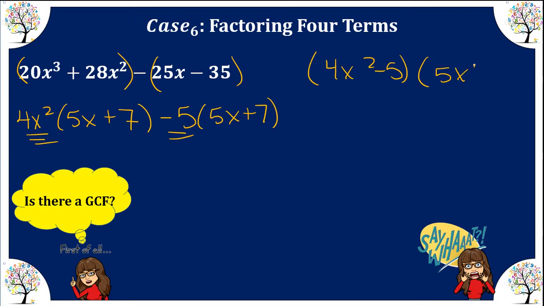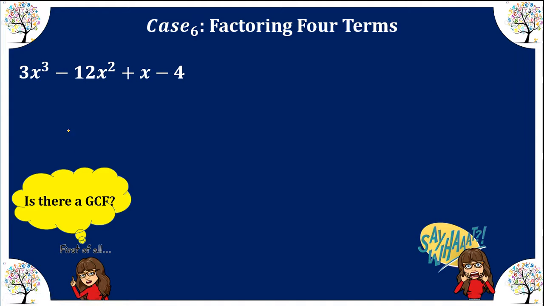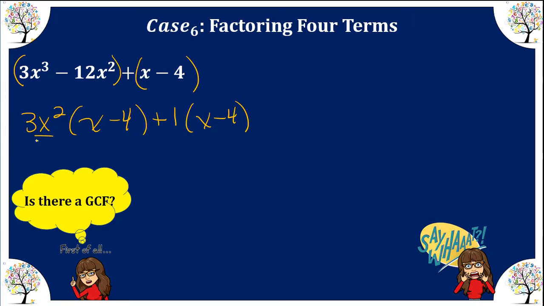And then 5x plus 7 is the second binomial factor. Here we must factor out a 1, our GCFs. 3x squared plus 1 is one factor, and x minus 4 is our second factor.